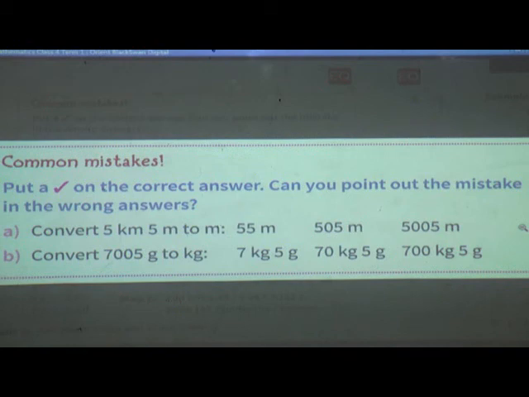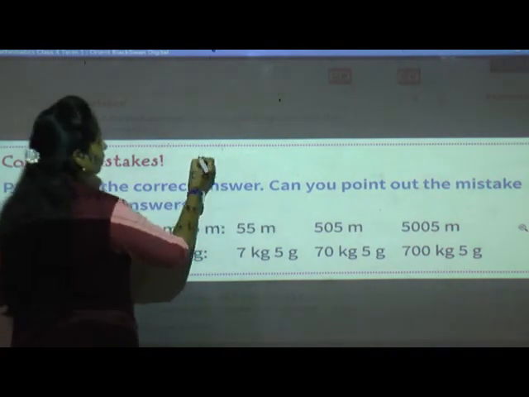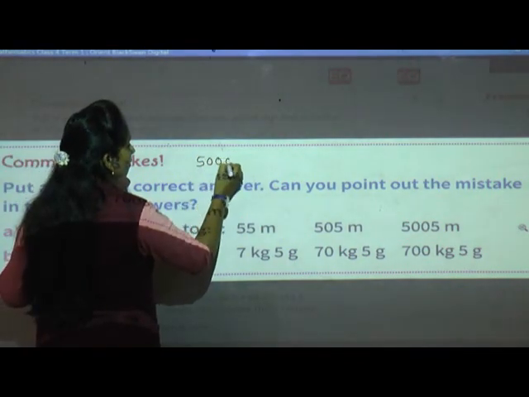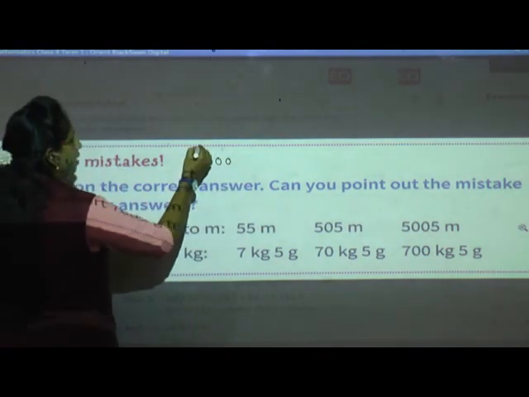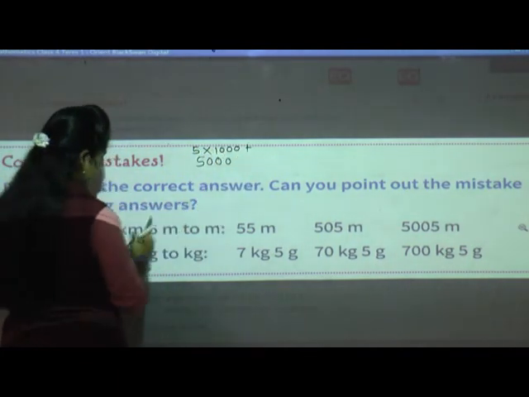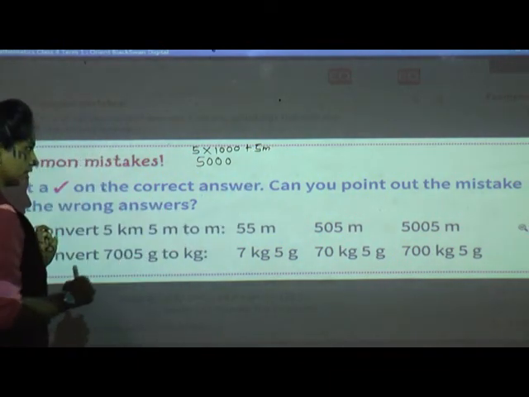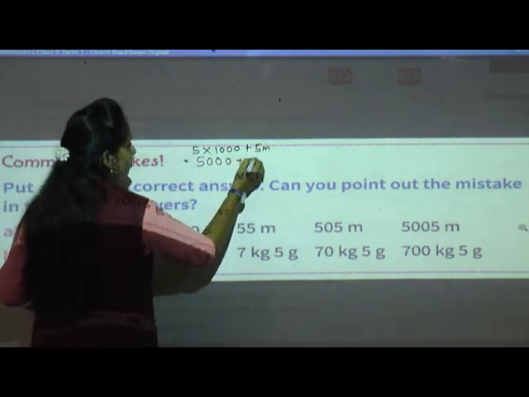So what we have to do? To convert higher to lower, multiply, isn't it? So kilometer means 1000. So what we do? 5000 means 5 multiplied by 1000. And plus, already they had given 5 meter. We will write as it is. So here is 5000 plus 5.